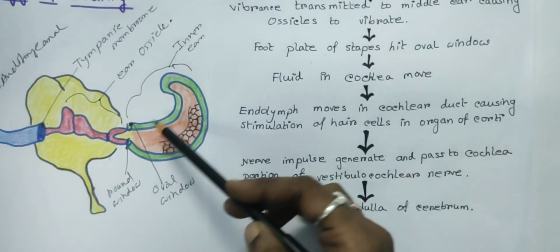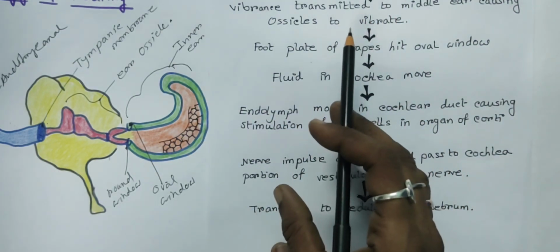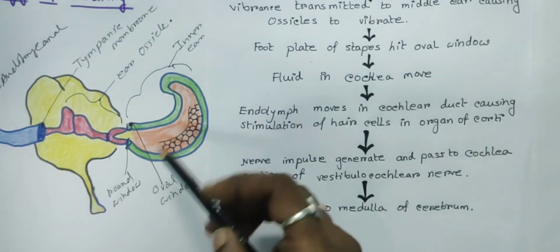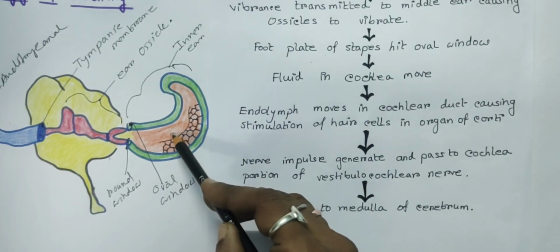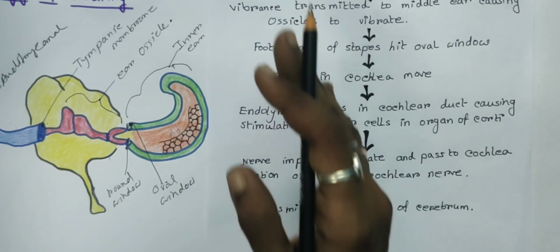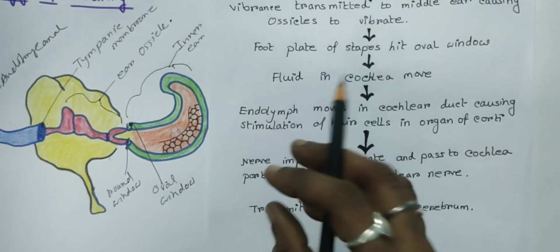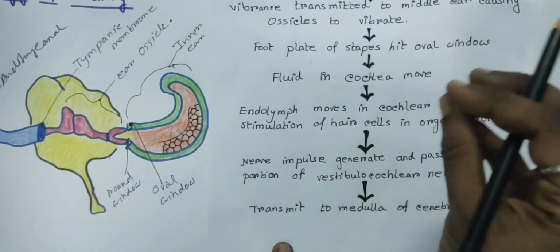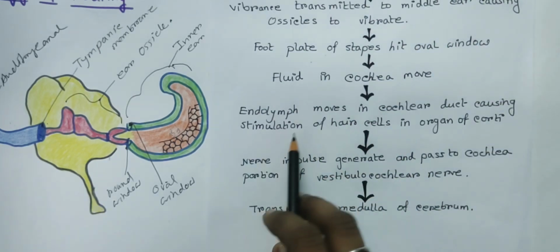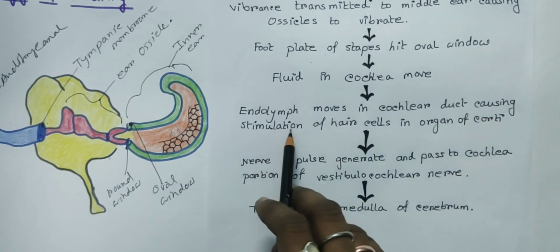When the impulse comes, the fluid starts to move, and by the movement of that fluid, above the basilar membrane there are hair cells. Those hair cells move and they touch the tectorial part, and then the impulse goes through the auditory nerve.